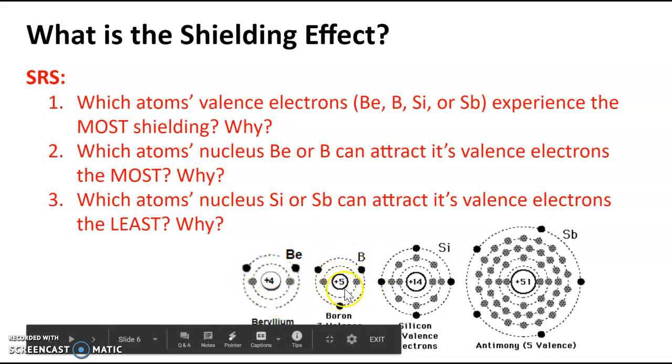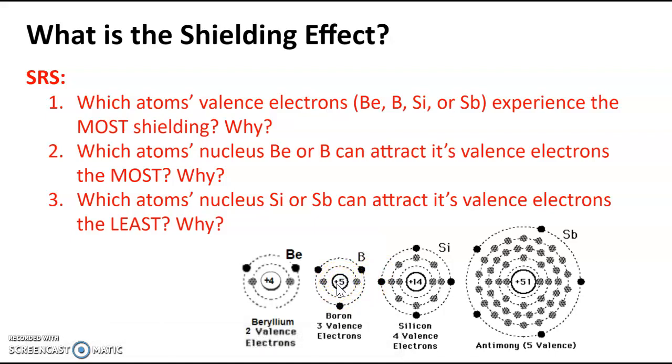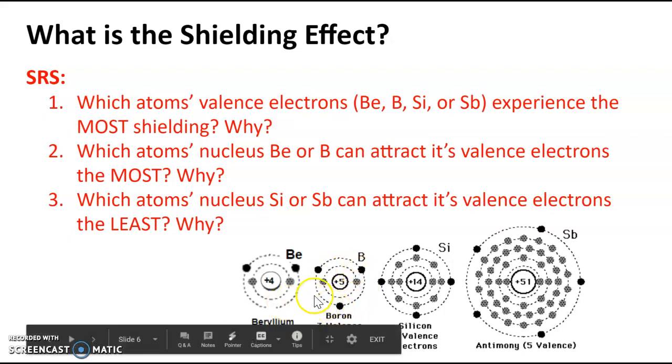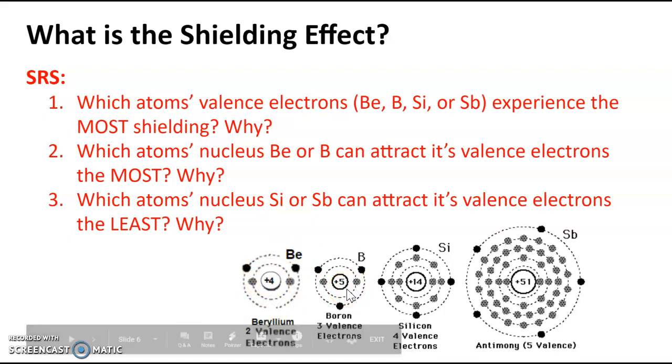So I'm going to say that boron, because it has this +5, is better at attracting its electrons because it has an extra magnet. So its valence electrons see this +5 with one ring in the way, and the beryllium valence electrons see +4 with one ring in the way. So +5 is going to be stronger because there's only one ring in the way.